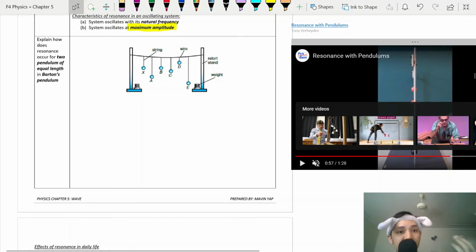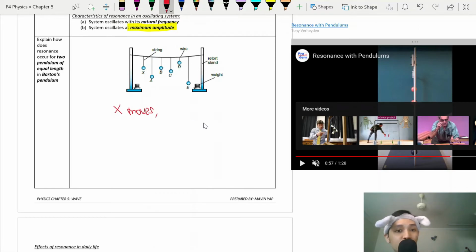And the reason why it oscillates is like this. In the case of the pendulum, it's very simple. When x moves, all the other pendulums will move also, but only B moves together.